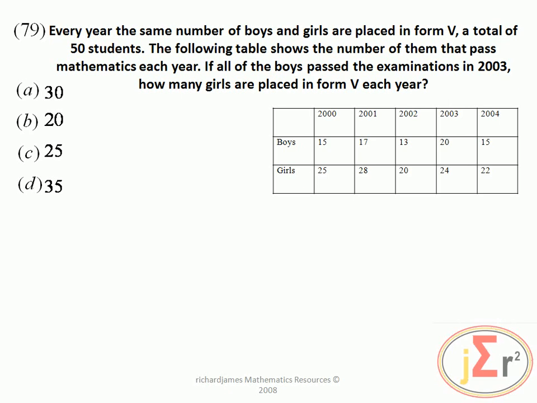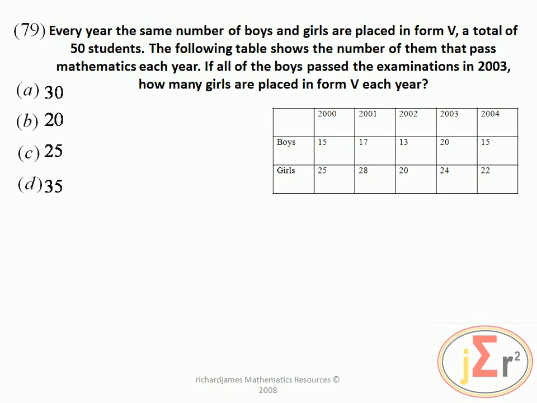It is saying that every year the same number of boys is placed in Form V. So for the entire time, the number of boys that we have in the class in 2000 will be the same as the number in 2001, and the same in 2002, the same in 2003.